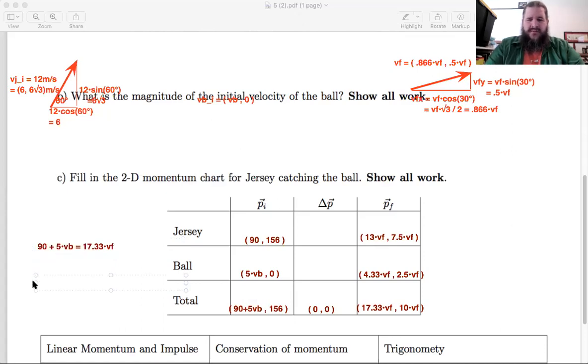But the other equation, the y component, initial y component equals final y component: 156 equals 10 v final. This has only one unknown. So we can solve for that unknown. And what would we get there?